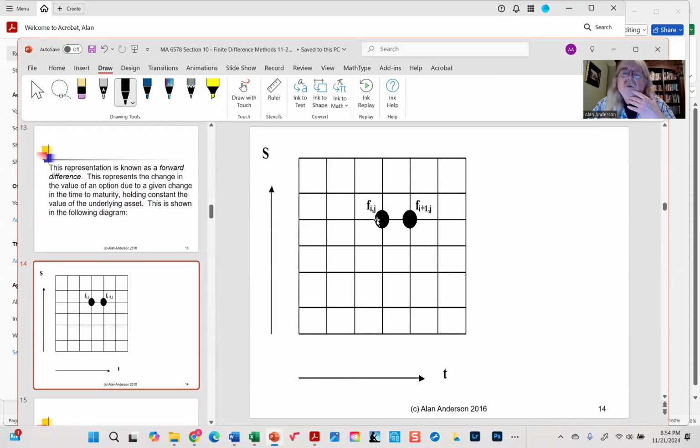You can see here what's actually happened. As we go from left to right, as time evolves, the stock price hasn't changed, but what has happened is that you have a different option value. And so the change will reflect the loss of time value.